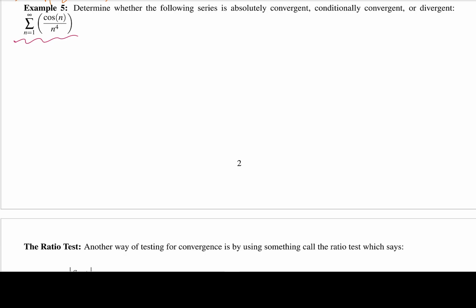So what I'm going to do is look at the sum from n equals 1 to infinity of cosine of n over n to the fourth, right? And so I'm going to look at the absolute value of this.